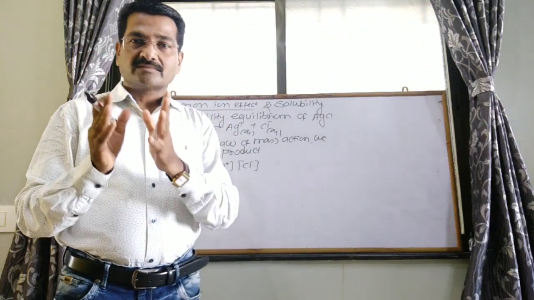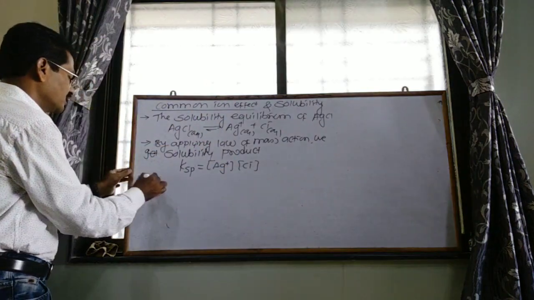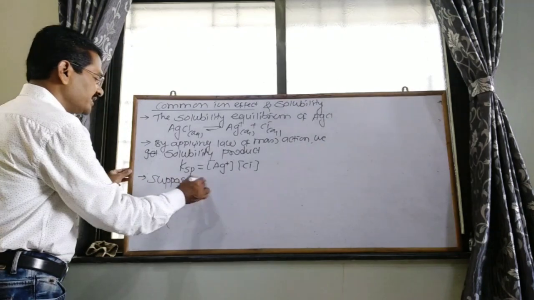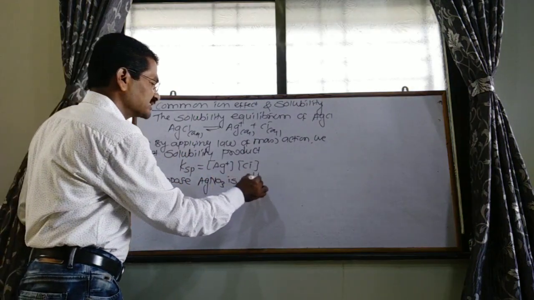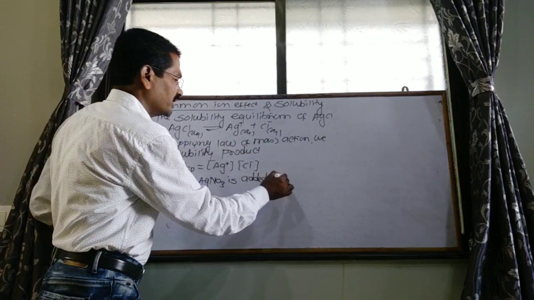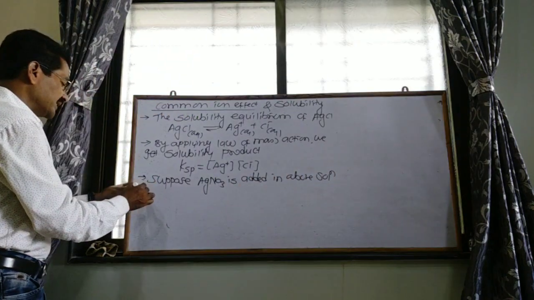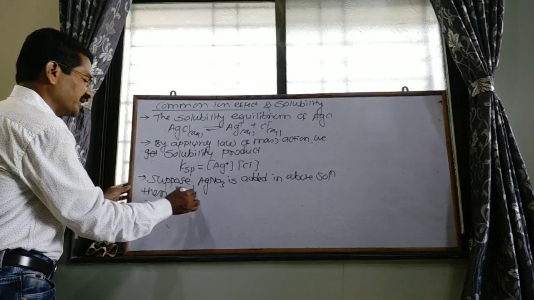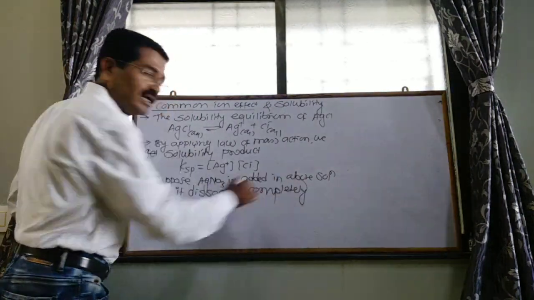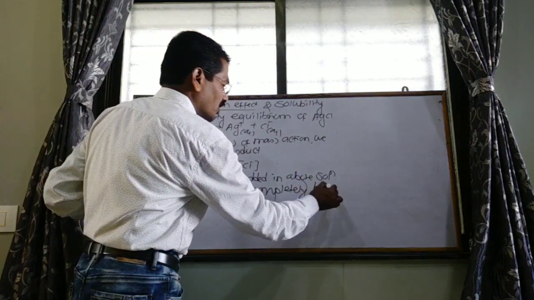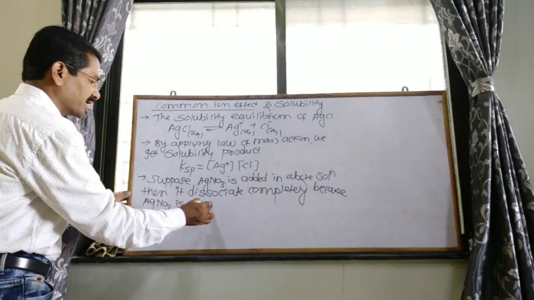But suppose a salt like AgNO3 is added in the above saturated solution. It dissociates completely because AgNO3 is a strong electrolyte.